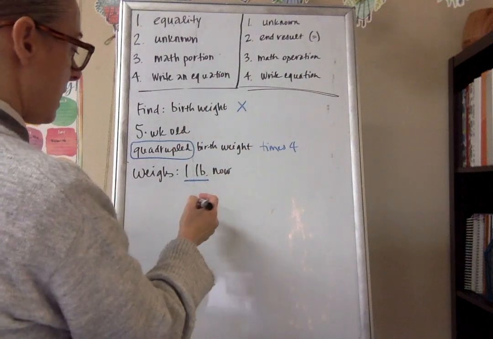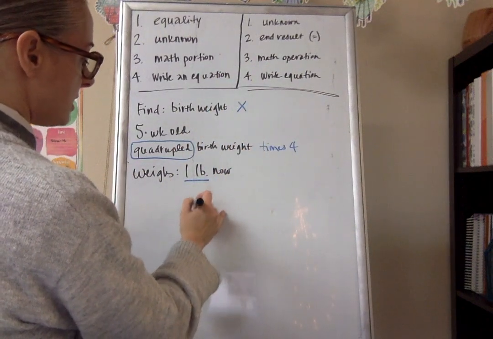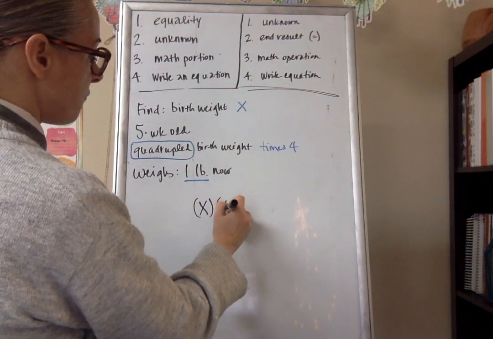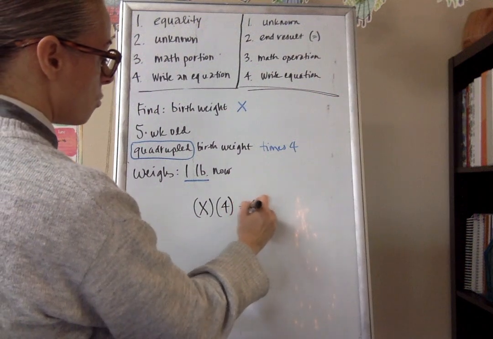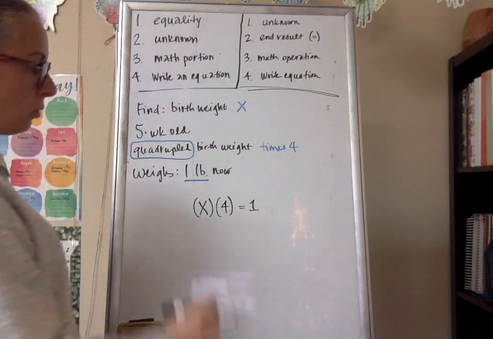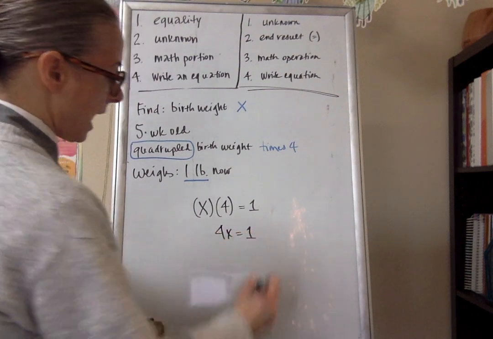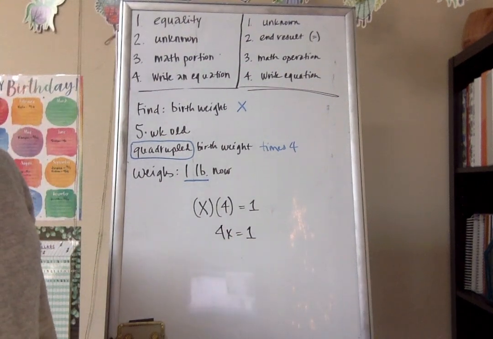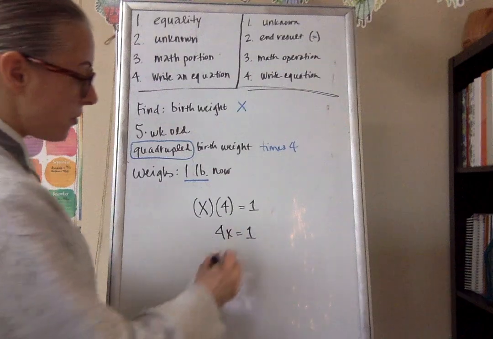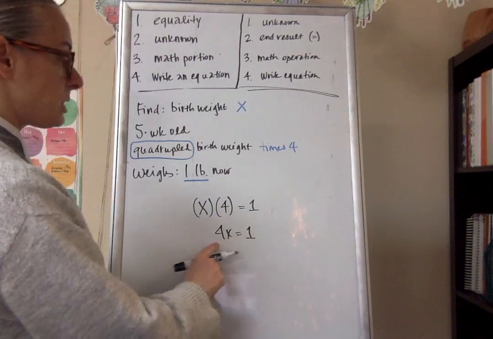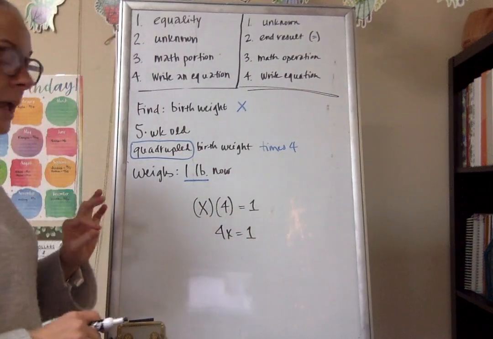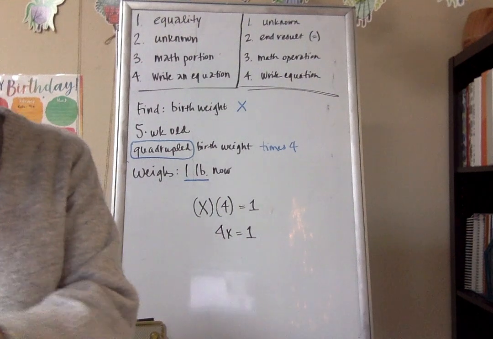We're going to say the birth weight of this kitten times 4 will equal 1 pound. We can write it like this, or we can simply say 4x equals 1, right? So this math equation will tell us what this kitten weighed when it was born.